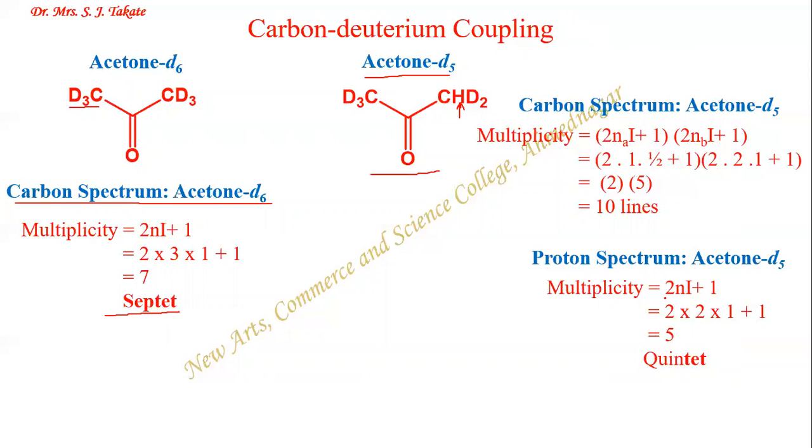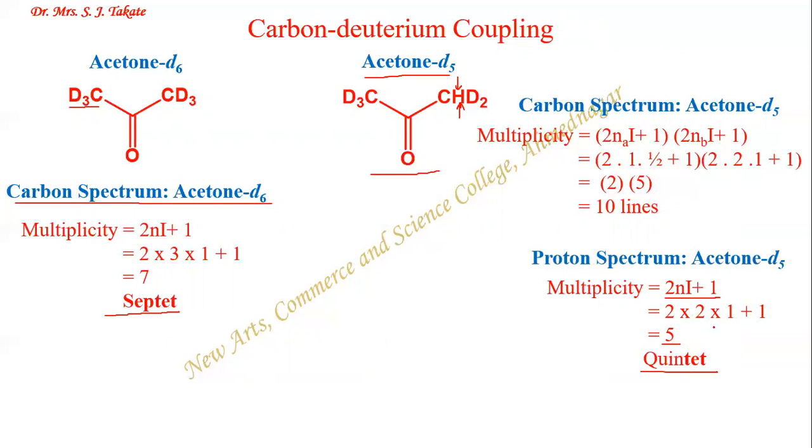So this deuterium spin splitting is according to 2nI plus 1. So here n is 2 because two deuteriums are attached there. So 2 into 2, 4, 4 into 1, 4 plus 1, 5. So quintet.